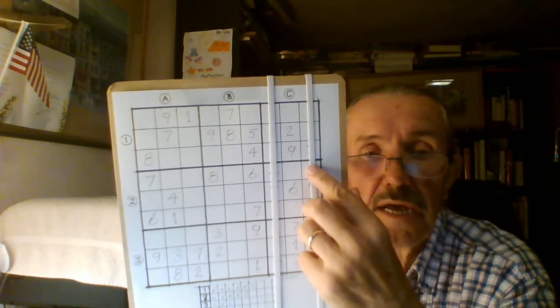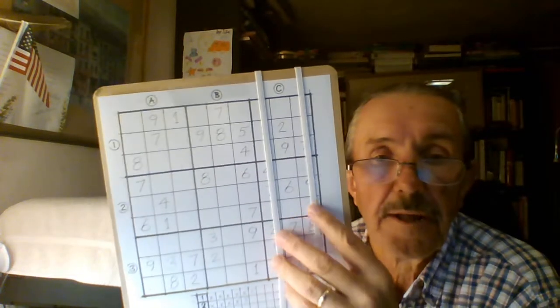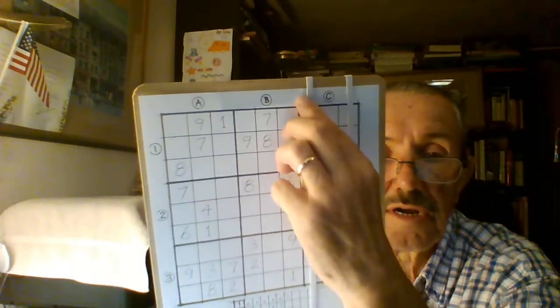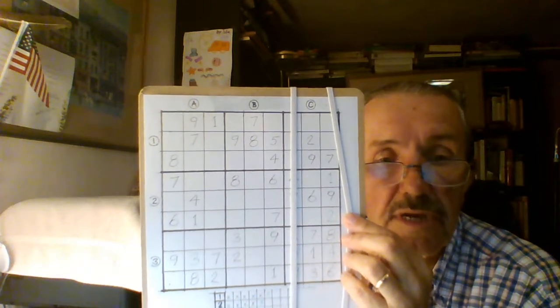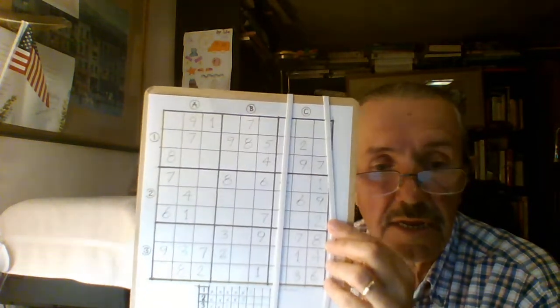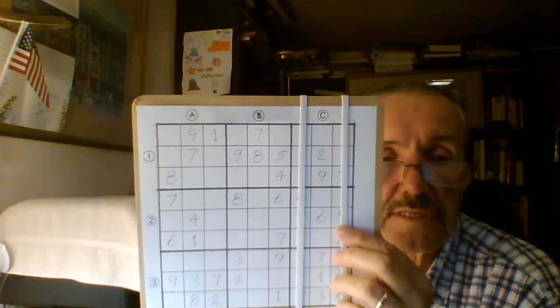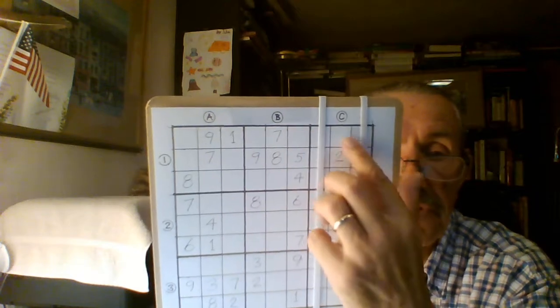Right now we are going to consider square C1 and looking for number 4. As you see, in these columns number 4 already exists, and in these columns number 4 exists over there. There's one available space in square C1 for number 4 over there.